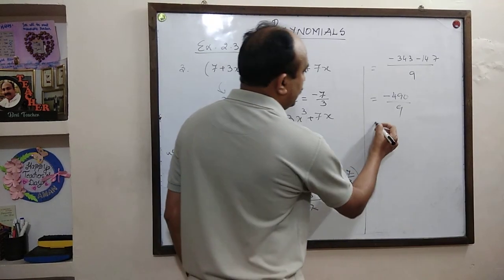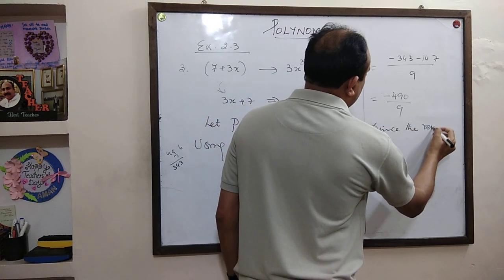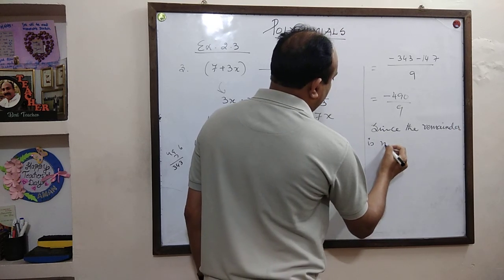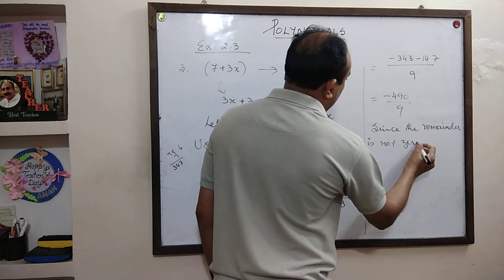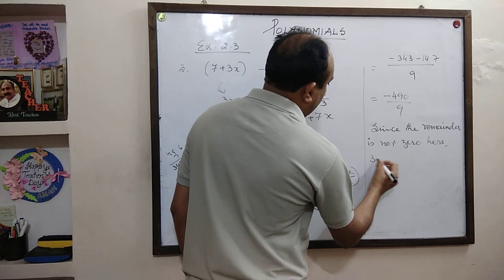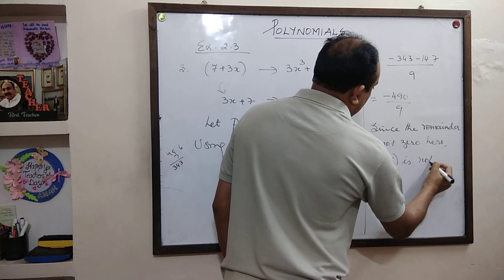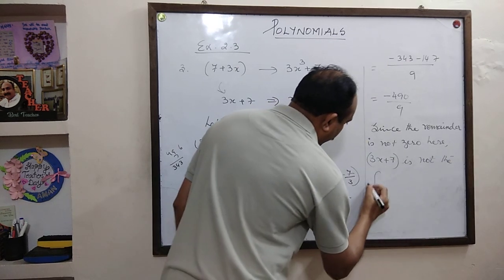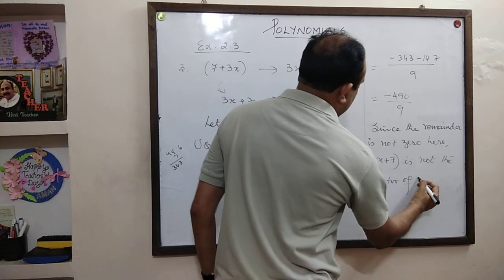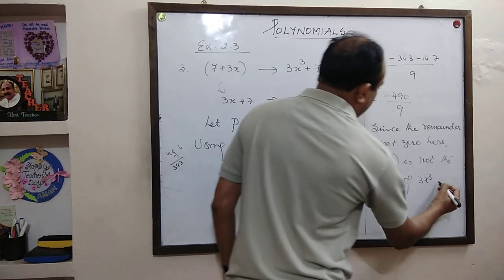So we will write, since the remainder is not 0 here, 3x plus 7 is not the factor of p(x), that is 3x cube plus 7x.